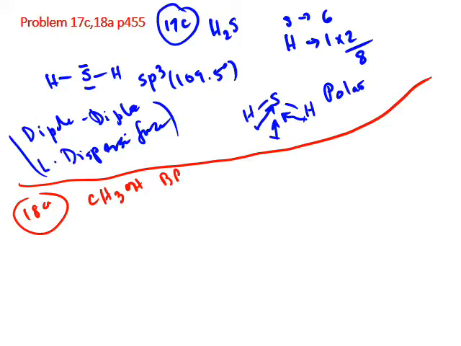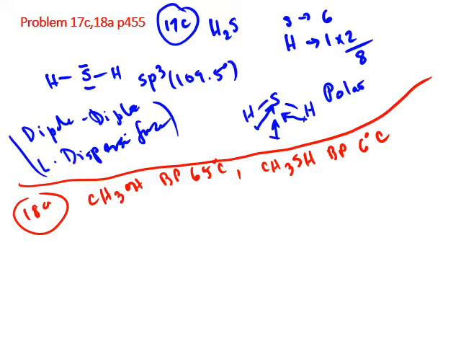So boiling point is 65 degrees centigrade. On the other hand, CH3SH boils at 6 degrees. The boiling point is 6 degrees centigrade. So in case of CH3SH, boiling point is significantly lower.